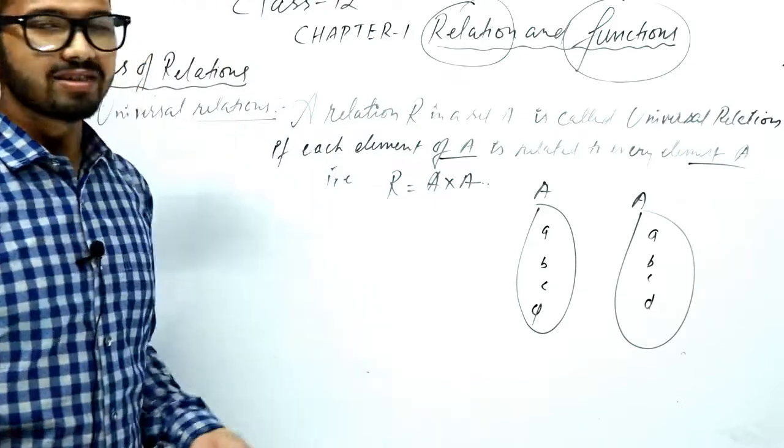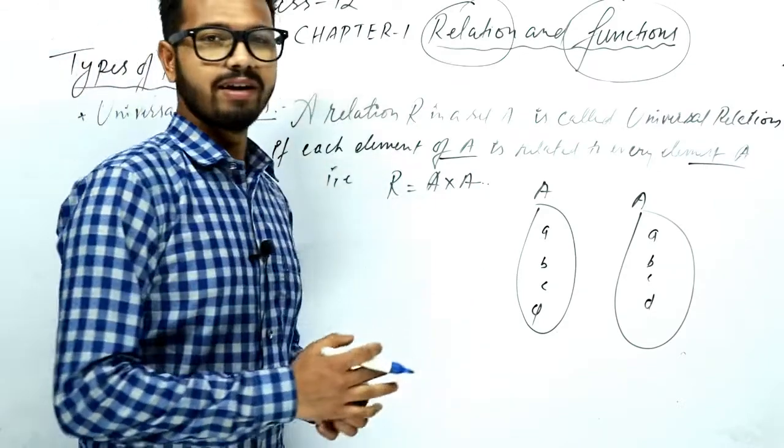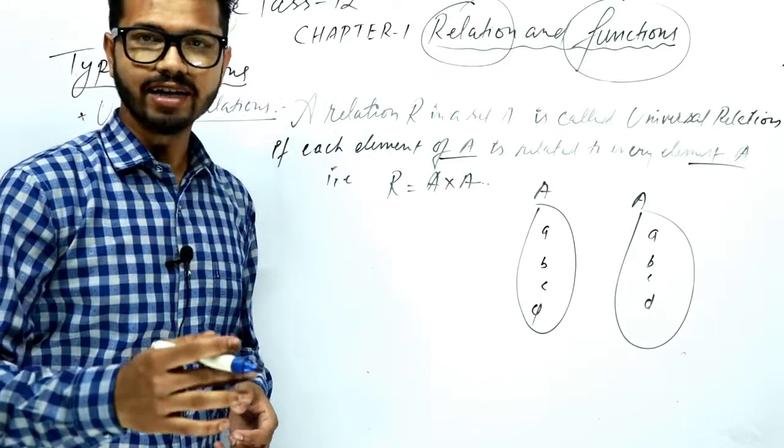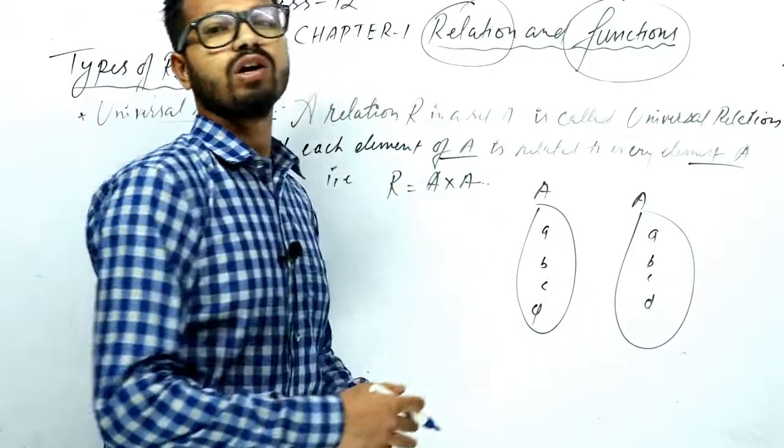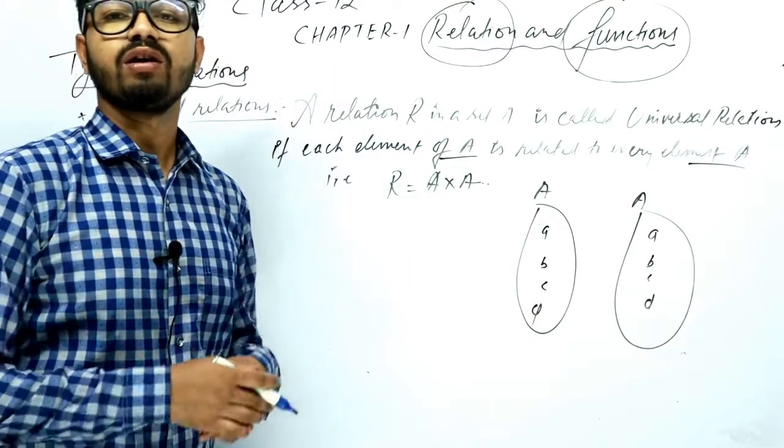According to the definition, each and every element is related to the set of codomain. It is called a universal relation.